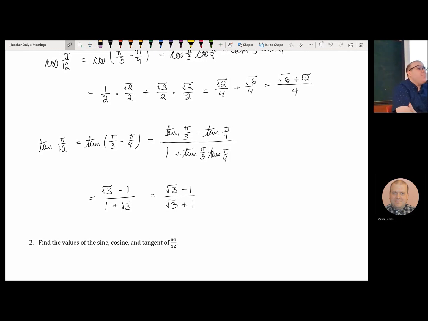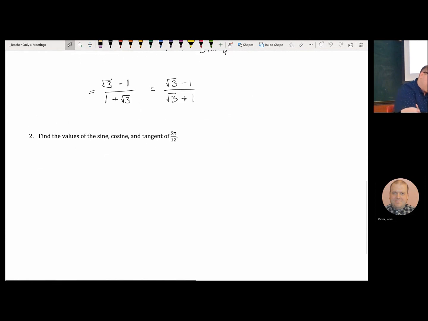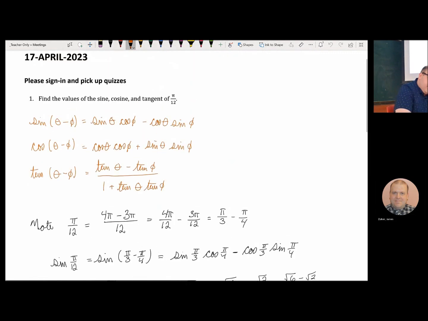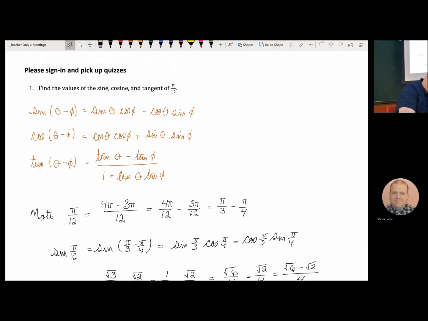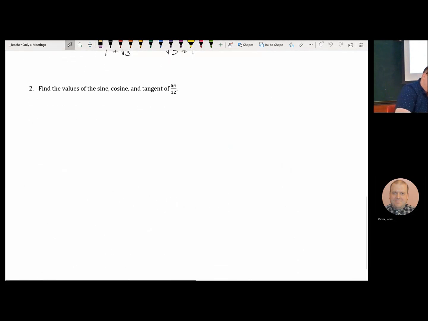Same question, except now the angle's 5 pi over 12. Through the power of technology, look how quickly I can write this.